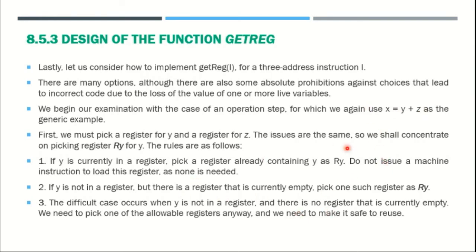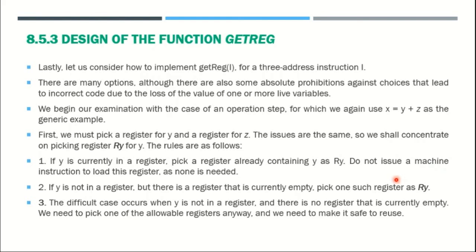To implement that instruction's target code generation, we use several rules. If y is currently in a register, that means the y value is currently available in a register, then we pick that register containing y as Ry. There is no issue, and no machine instruction is needed to load this register.